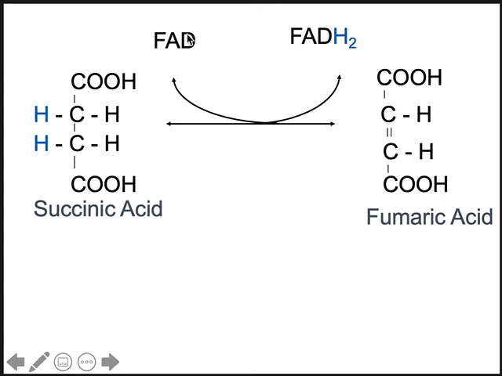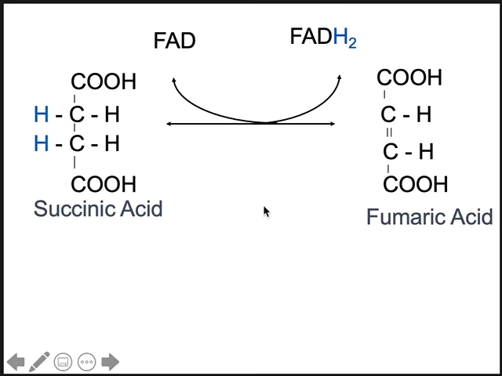So this molecule here is going to become reduced, and this molecule turns into fumaric acid, which has been oxidized. So fumaric acid is oxidized because you removed the 2 hydrogen, and now FADH has it.